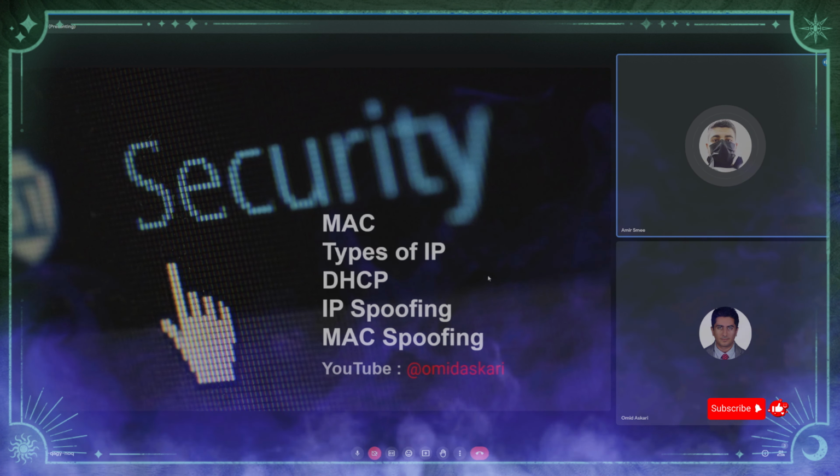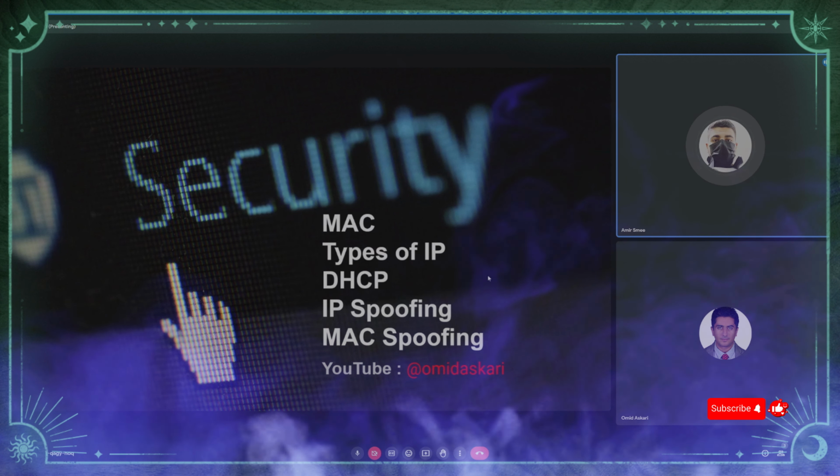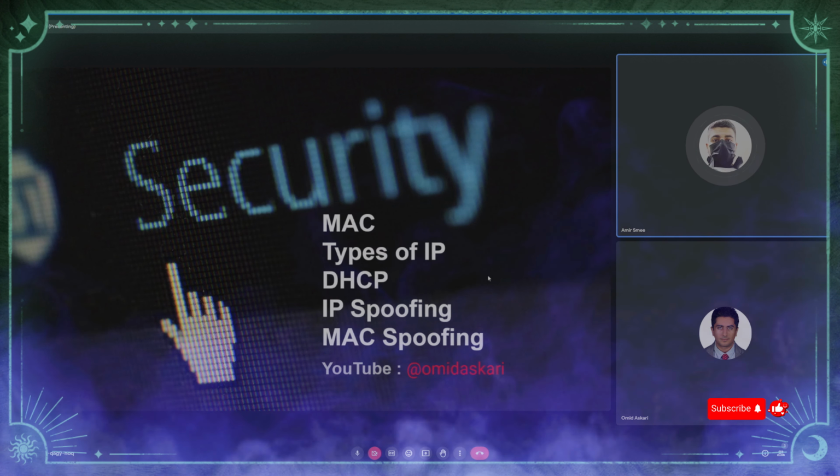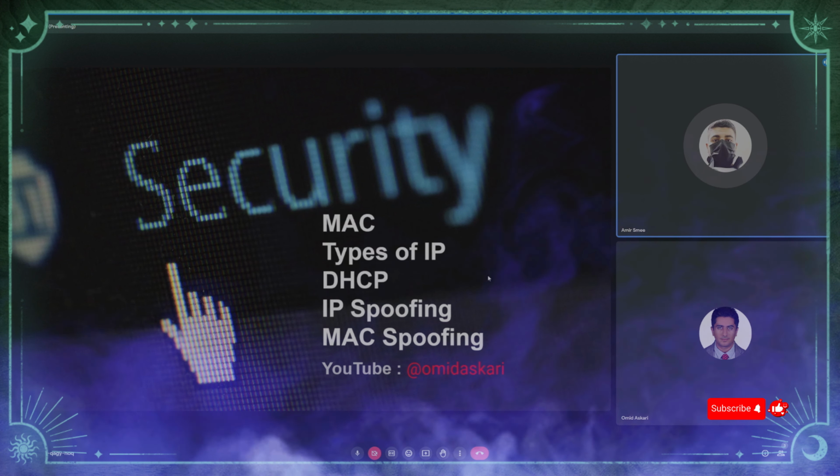If we want to speak about it more technically, we use MAC address in a lab to find our destination computer in the same area network, but IP is used for the internet and globally.